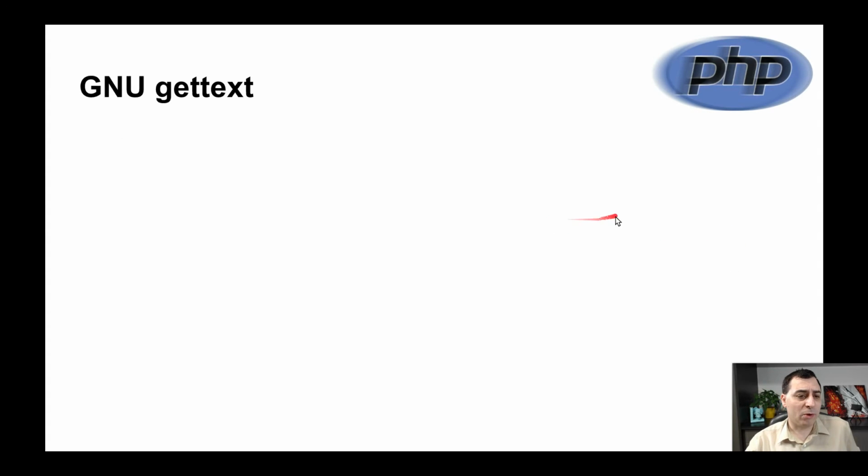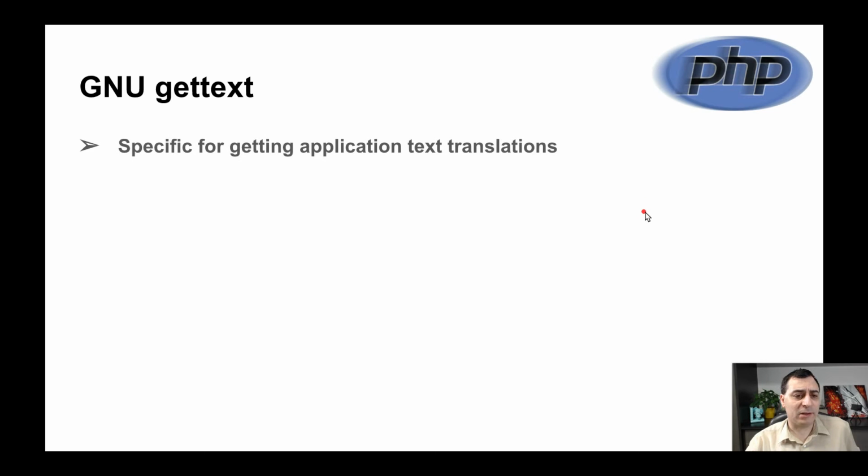So now let's move on to a format that is not exactly for general configuration, but is rather for defining the application text translations, which is the GNU gettext format.